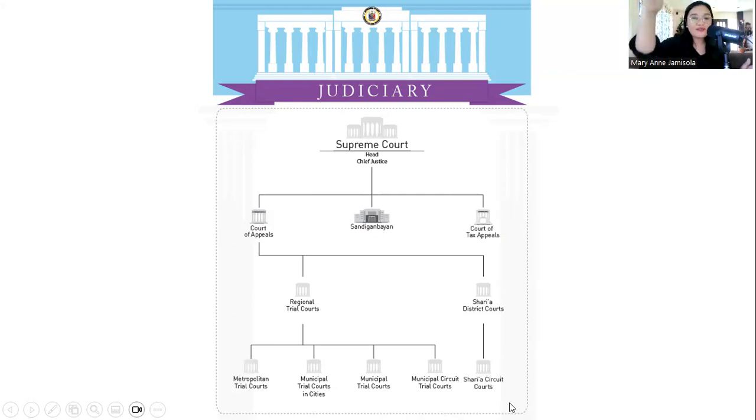The next higher level is the Regional Trial Courts, or in the case of Sharia, the Sharia District Courts. One level higher are the Court of Appeals, the Sandiganbayan, and the Court of Tax Appeals. And then the highest in our judicial hierarchy is the Supreme Court. So you follow this hierarchy.